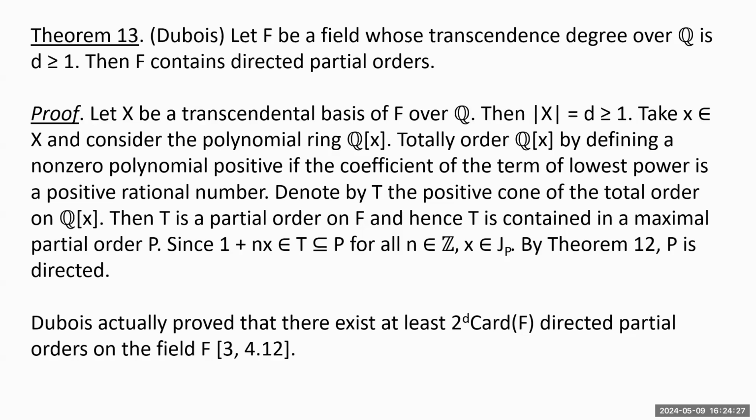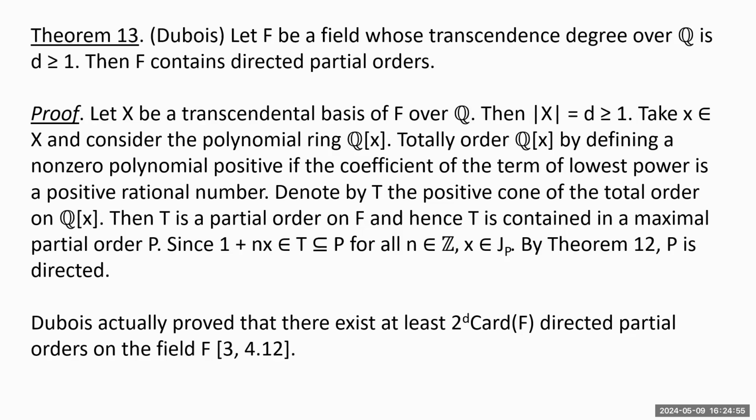And still we order this polynomial ring by defining a polynomial to be positive if the coefficient of the lowest term is positive. Then this, denoted by P T, is the positive cone of the total order on Q(X). T will be a partial order of the whole field F.